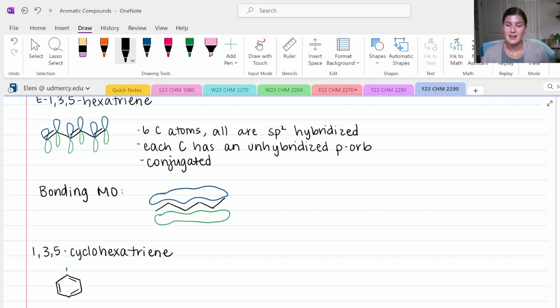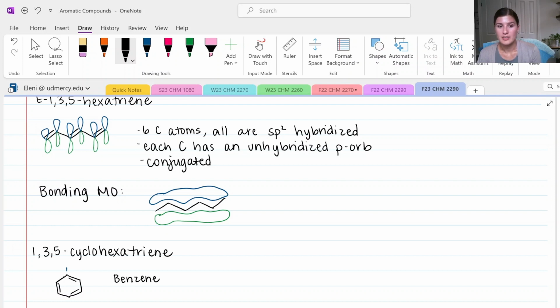You might recognize this molecule. This molecule is named benzene. And we have a similar bonding pattern where every other bond is a double bond, just like 1,3,5-hexatriene, the linear molecule.